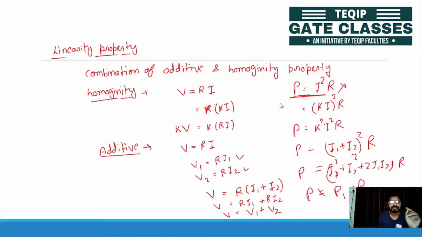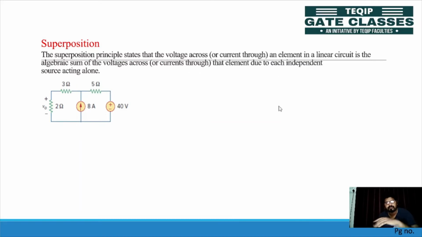Next we will start with the very first theorem, that is the superposition theorem. What does the superposition theorem state? The superposition theorem states that the voltage across or current through an element in a linear circuit is the algebraic sum of the voltage across or current through that element due to each independent source acting alone.